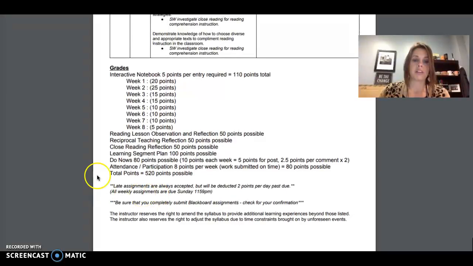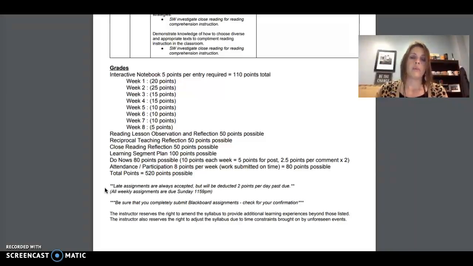I do want to make sure these two points in particular are very much understood. The first one is that late assignments are always accepted, but are deducted 2 points per day past due. The way that I'm going to handle this semester is the first 4 weeks of work is going to be due on Sunday at 11:59 of the end of the 4th week.